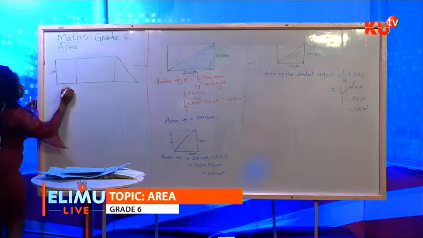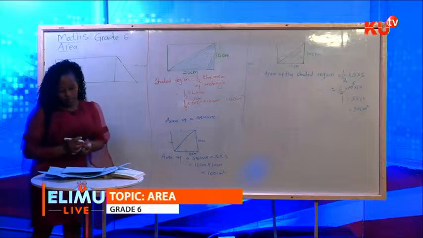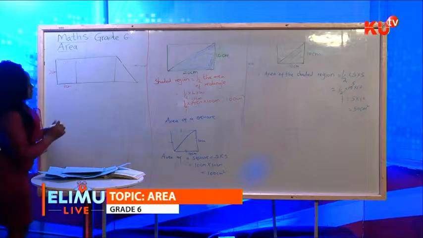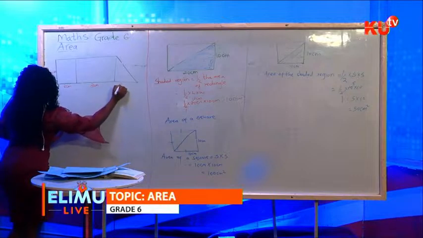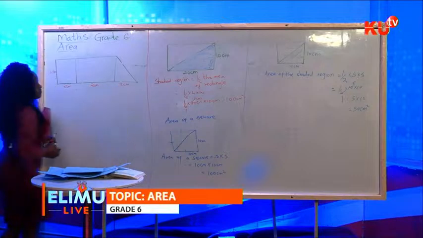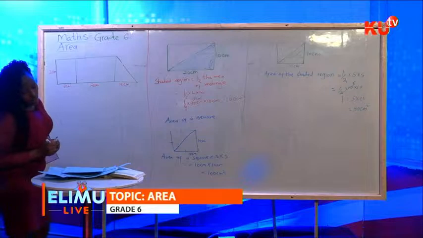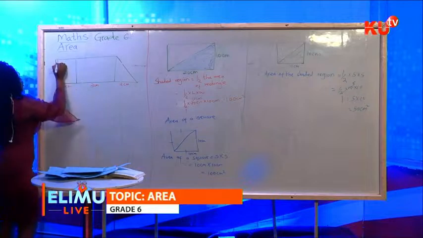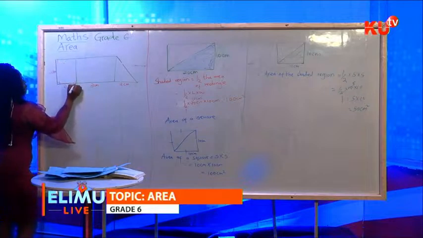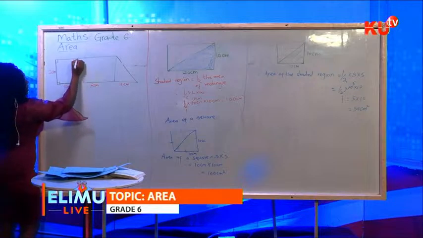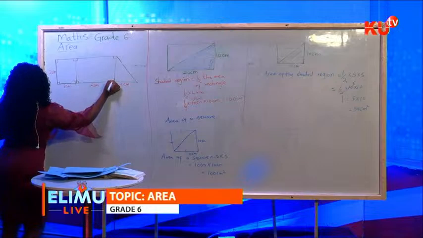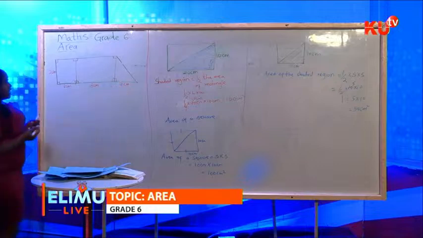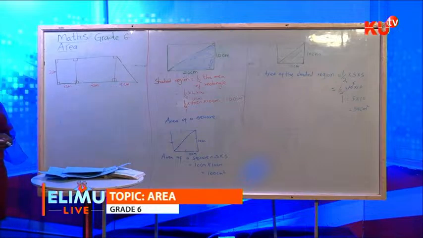We also have here 2 centimeter. Here it is 3 centimeter, and also here it is 2 centimeter. And then we are told to find the area of these diagrams. Are we together, learners? Can you be able to work out this one? Let us do it together.